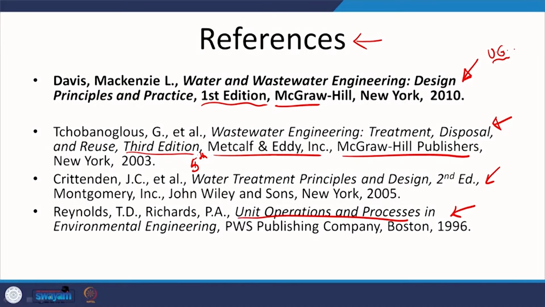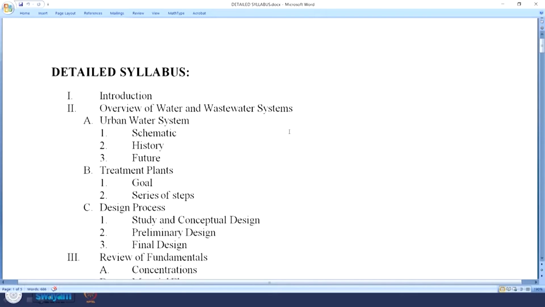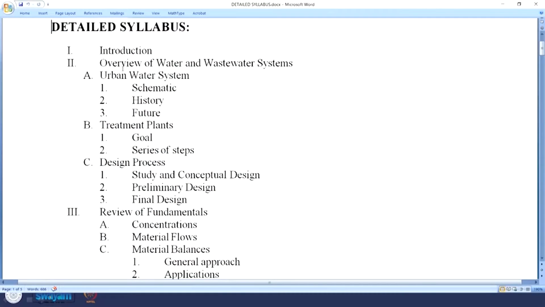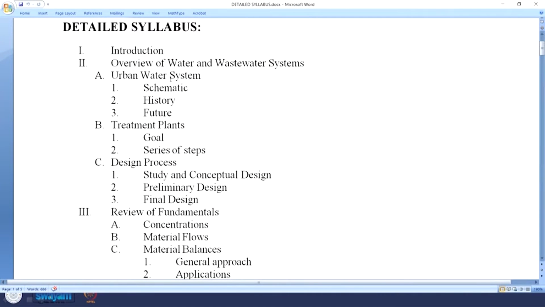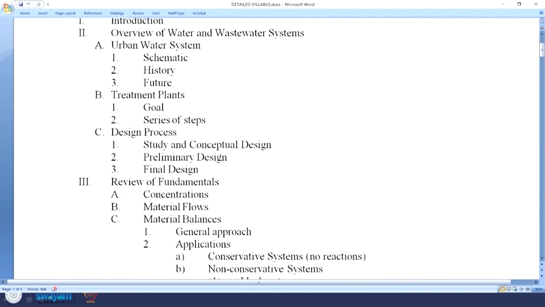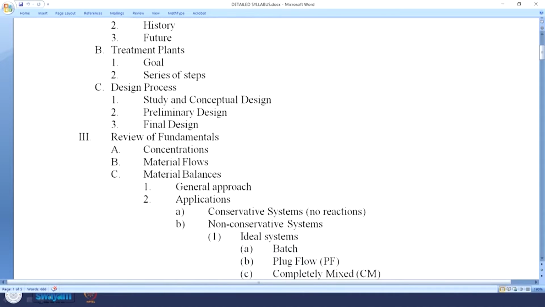Before we go further, let us look at the course outline to understand what we are going to discuss throughout this particular course. So, introduction: we already had a look at the history, we will briefly look at the different kinds of treatment plants, only briefly, and have a very generic discussion about the design process required.